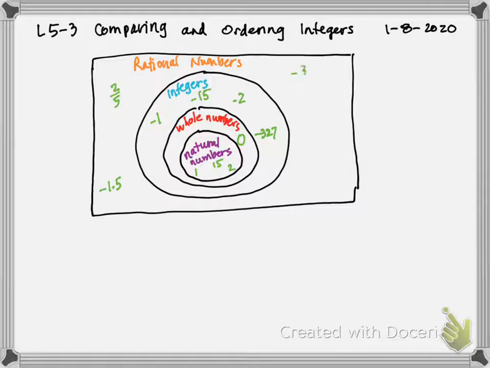We could have -3/4. We could have a repeating decimal, which, by the way, we're going to talk about next week. So -3/4 with a repeating bar with a 4, okay? And then 0.2, 2/10. Okay, so all of these guys are rational numbers. So rational numbers include integers, include whole numbers, include natural numbers. So that means we're game for anything.